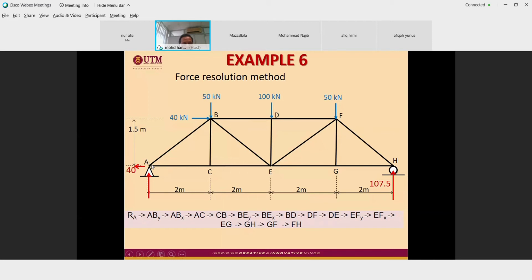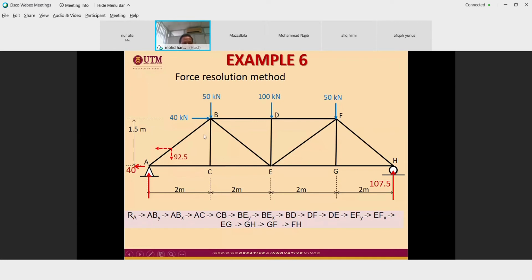With only one horizontal equation, we cannot solve the problem. So we go to vertical. For the vertical component, only AB has one vertical component, AC has none. So we can start with AB.